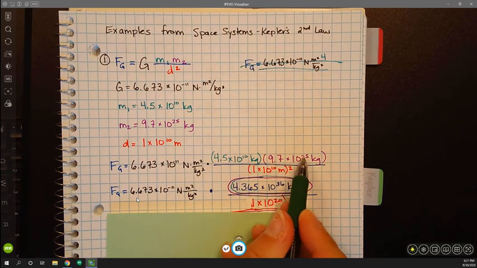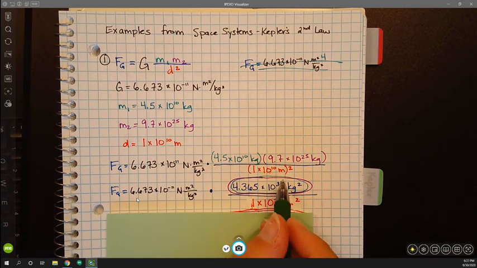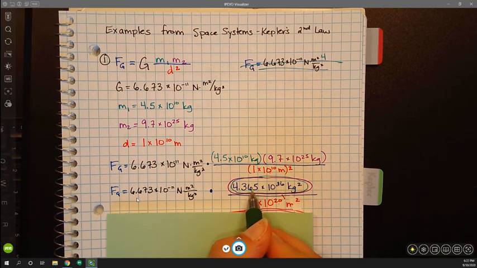You'll add those exponents, so you'd have 10 to the 35th. But in order to put it in scientific notation, you move that decimal place over here. So it's 4.365 instead of 43.65. And when you move that decimal place over here, that means that there's going to be one more place. So you have 10 to the 36th.